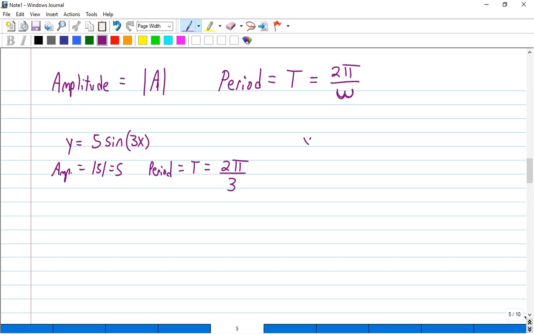Let's find the amplitude and period if we have y equals negative 2/3 cosine of 1/4 x. All right, so first the amplitude. What's the amplitude? 2/3.